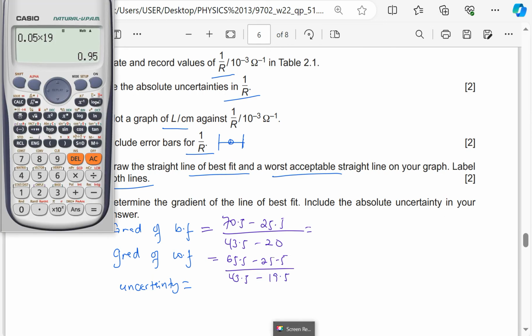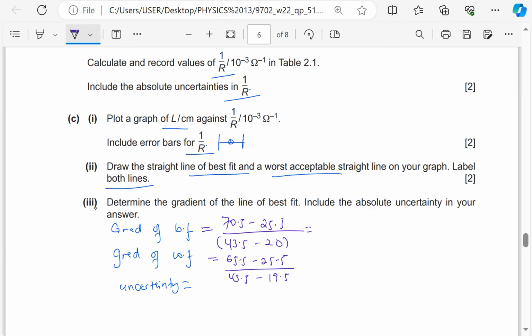So I'll press my calculator. 70.5 minus 25.5 divided by 43.5 minus 20. Remember, the x-axis was multiplied by 10 to the power of minus 3.